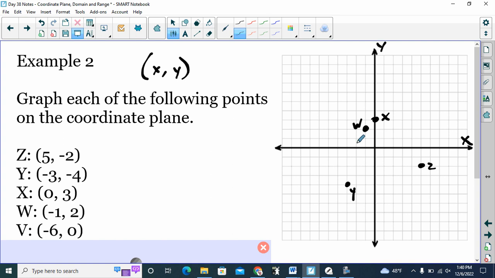My x is -6. So on the x-axis, I need to go to -6. And my y is 0, so I'm not going up or down at all. That is point V. And finally 1, 5. 1 on the x, 5 on the y.